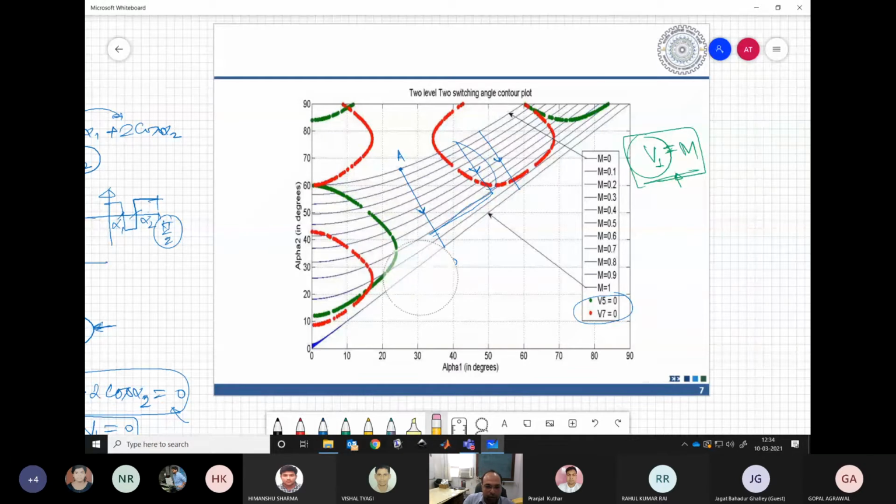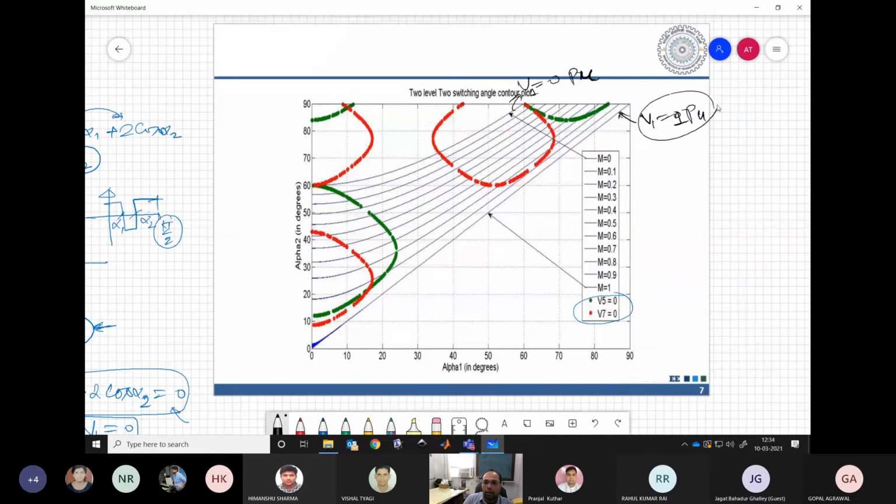Now, what options can we have if we have this to operate our motor? See, the simplest thing we can do is we have to go from V1 equal to 0 per unit to V1 equal to 1 per unit.